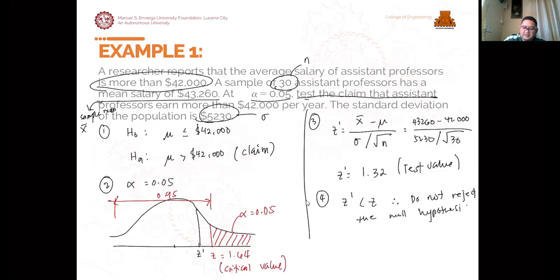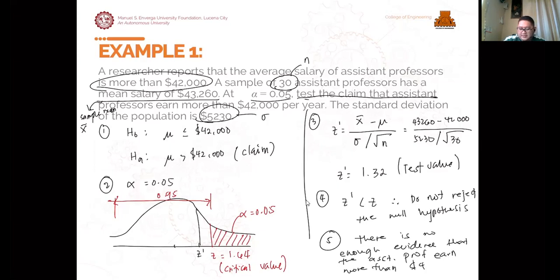Okay? Since do not reject yung null hypothesis natin, anong summary natin? Ibig sabihin, kung do not reject tayo, ibig sabihin, there is no enough evidence, no? Ano yung claim natin? That the assistant professors earn more than $42,000 per year.